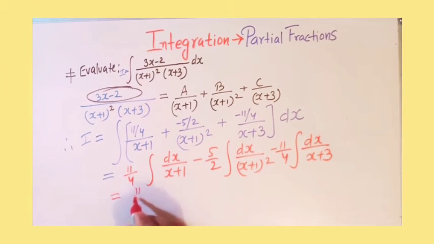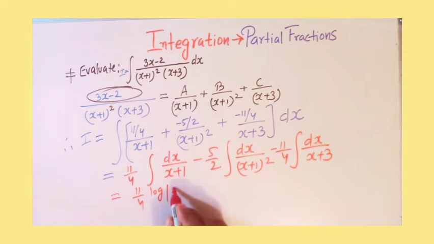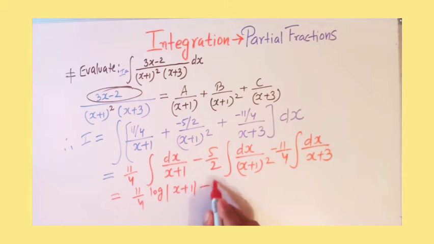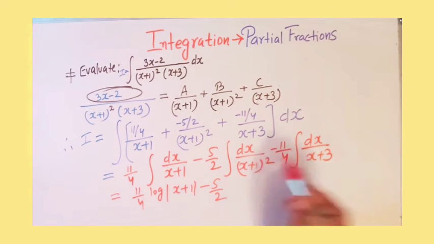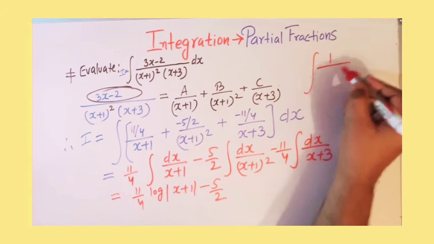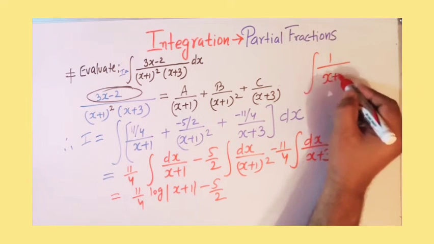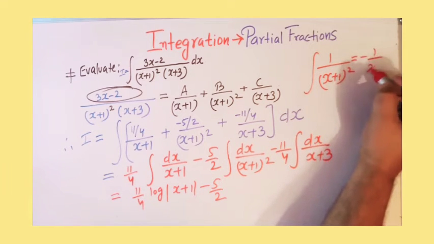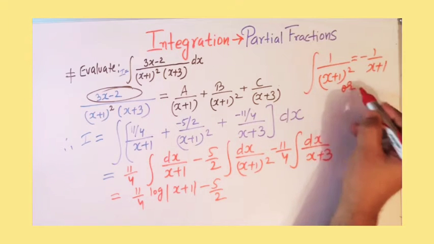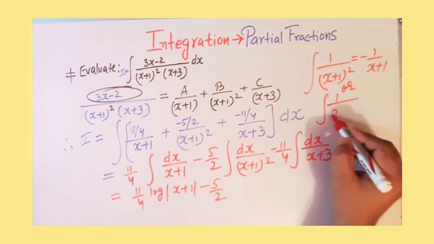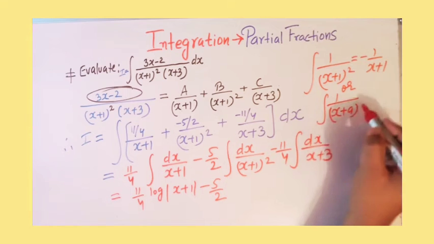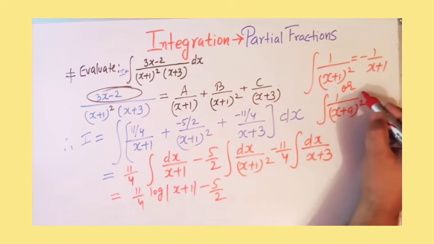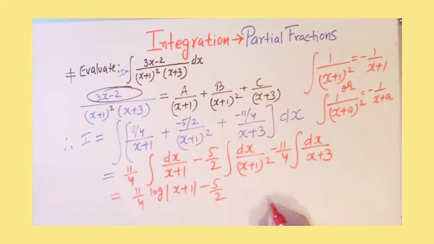Now the integral of 1 over x plus 1 is log of x plus 1. Then we have minus 5 by 2. We know that the integral of 1 over (x plus 1) square is minus 1 over x plus 1, always remember this. In other words, the integral of 1 over (x plus a) square is equal to minus 1 upon x plus a, right?